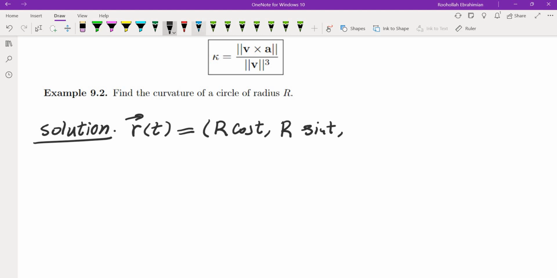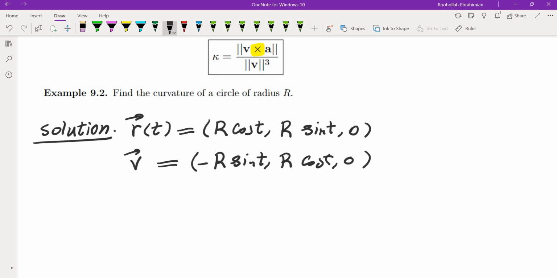Now, because eventually we would like to take the cross product, we will have to put these vectors in three-dimensional space, which means we'll have to put a 0 at the end. So given that, we can find velocity. So velocity, I'm not going to put the t's in there, is minus r sine t, r cosine t, 0. Acceleration would be minus r cosine t, minus r sine t, 0.